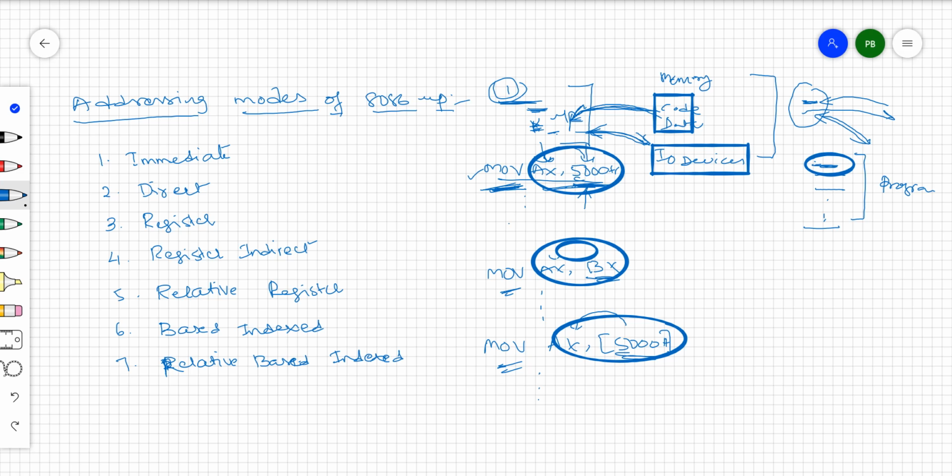How is the source data accessed for every instruction? It is accessed immediately in the instruction itself, or directly, or in a register, where the register points towards the location to access the source data. Like that. We'll see one by one how this takes place.